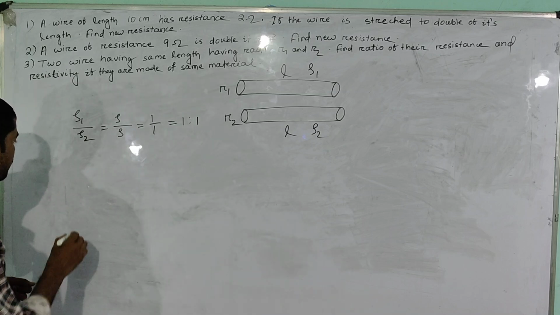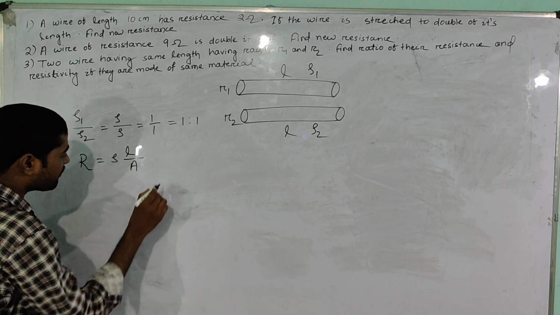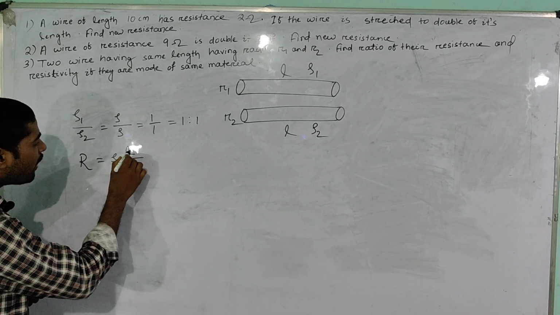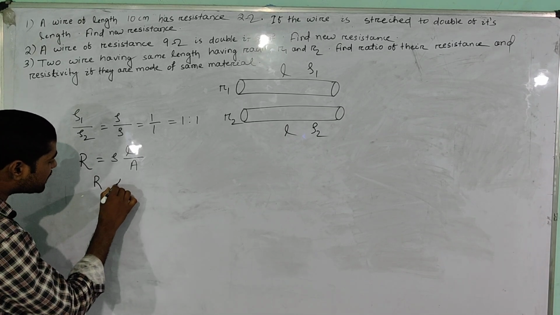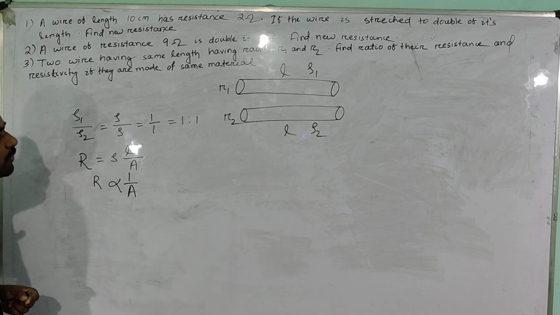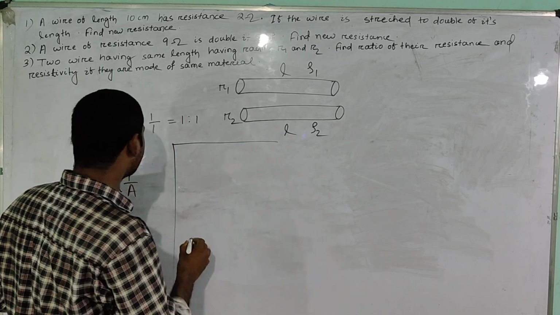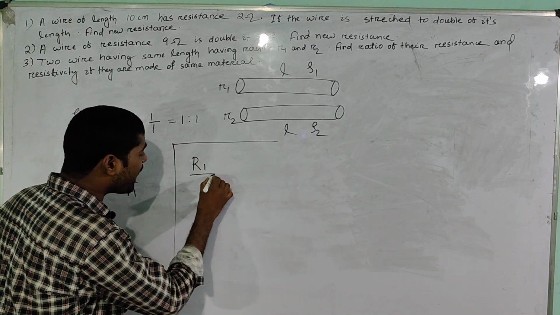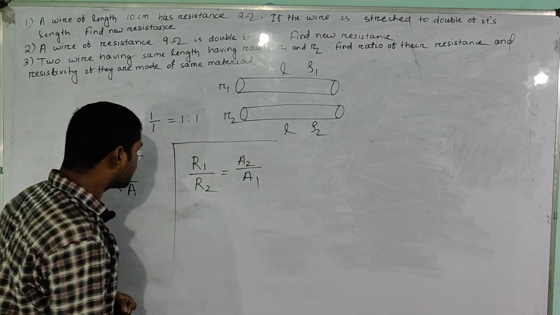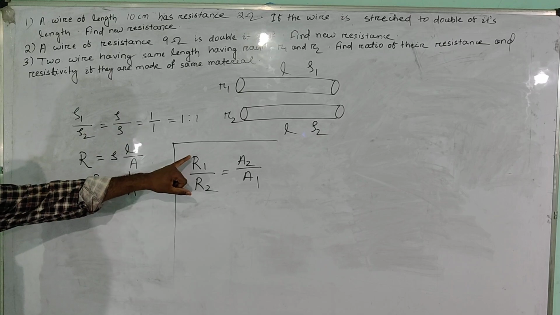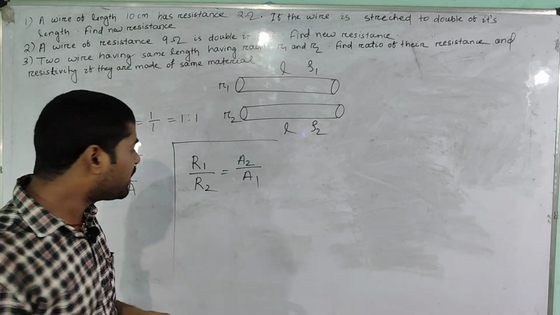Now resistance equals rho L by A. When rho and L are constant, resistance is inversely proportional to the area of cross section. So R1 by R2 equals A2 by A1.